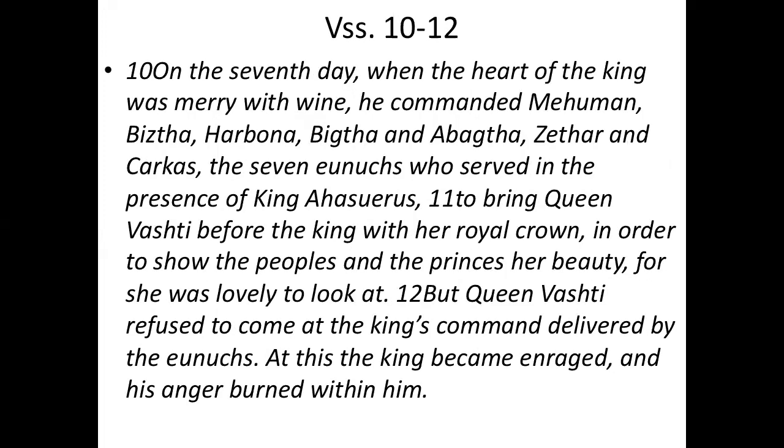On the seventh day, when the heart of the king was merry with wine, so he's drunk, he commanded Mehuman, Biztha, Harbona, Bigtha, Abagtha, Zethar, and Carcass, the seven eunuchs who served in the presence of King Ahasuerus.